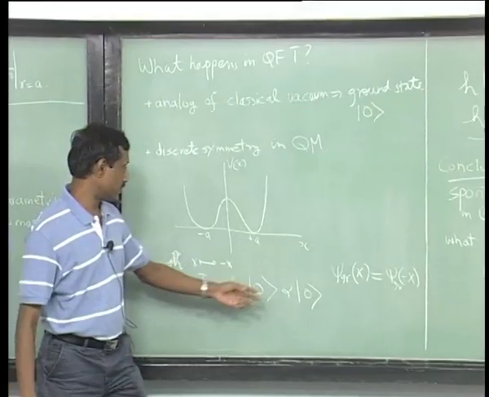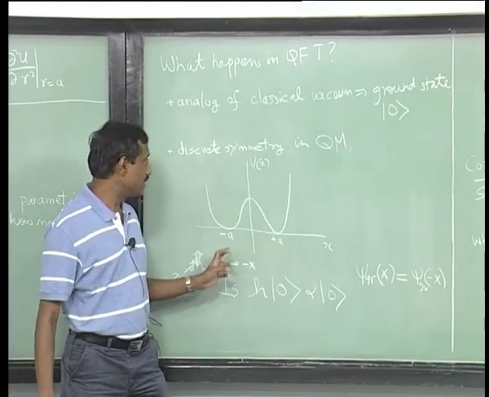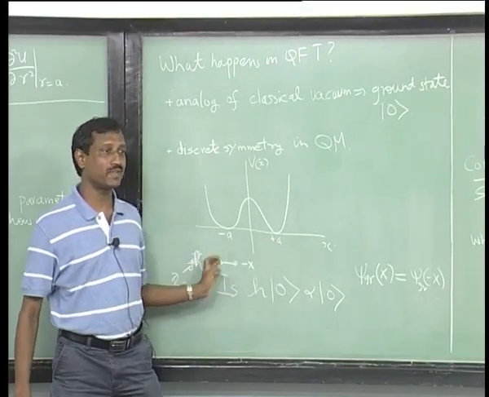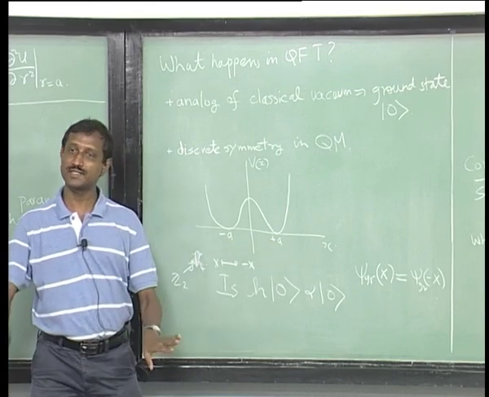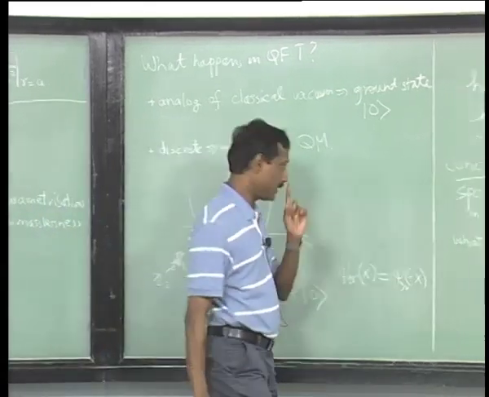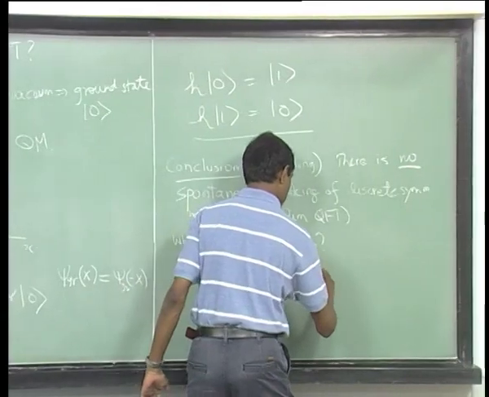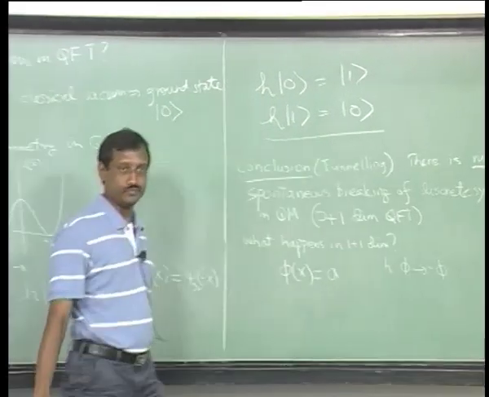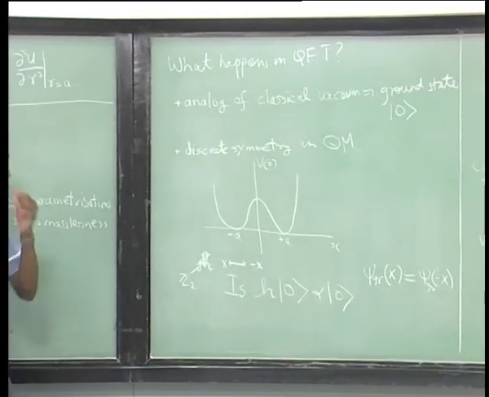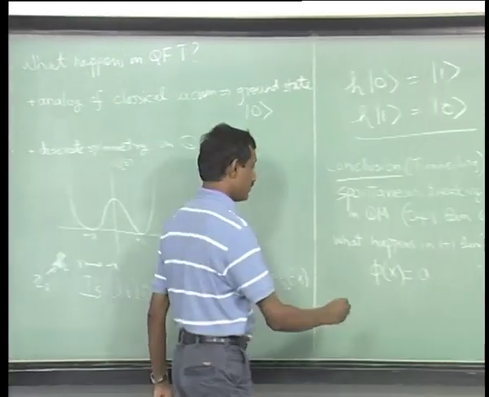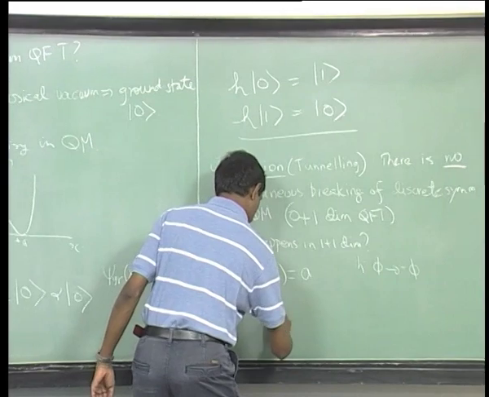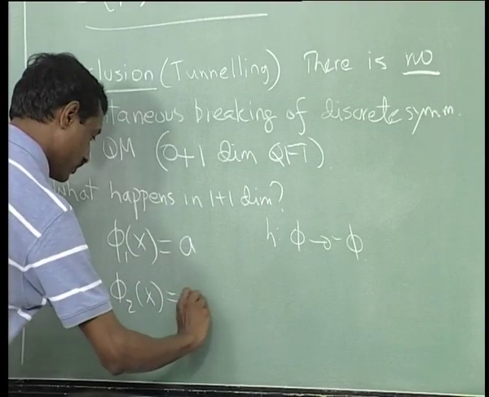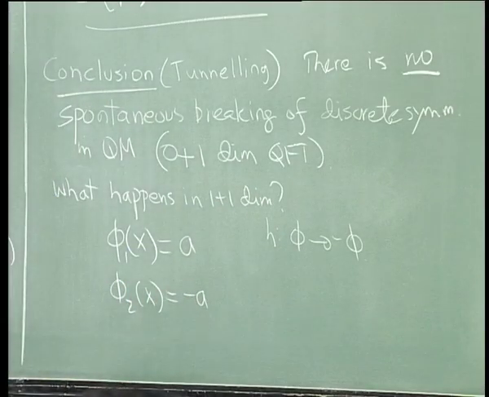I just said the field takes values plus a or minus a. I again have a discrete Z2 symmetry, and the symmetry H takes phi to minus phi. So this is one ground state, and phi of x equal to minus a is the other ground state. This is an example we looked at in the last lecture.